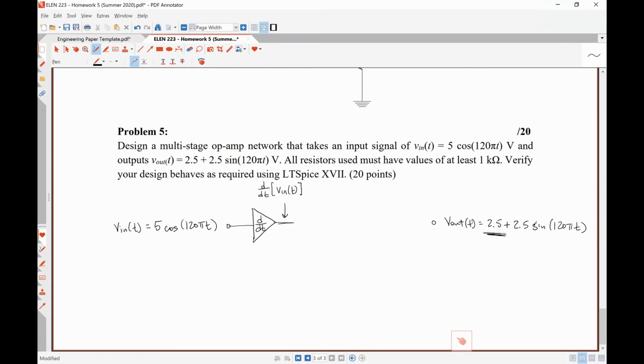That'd be a non-inverting amplifier. So what a non-inverting amplifier does is it makes the signal larger. So if we feed a sinusoidal signal into a non-inverting amplifier, we're just going to get a larger sinusoidal signal.